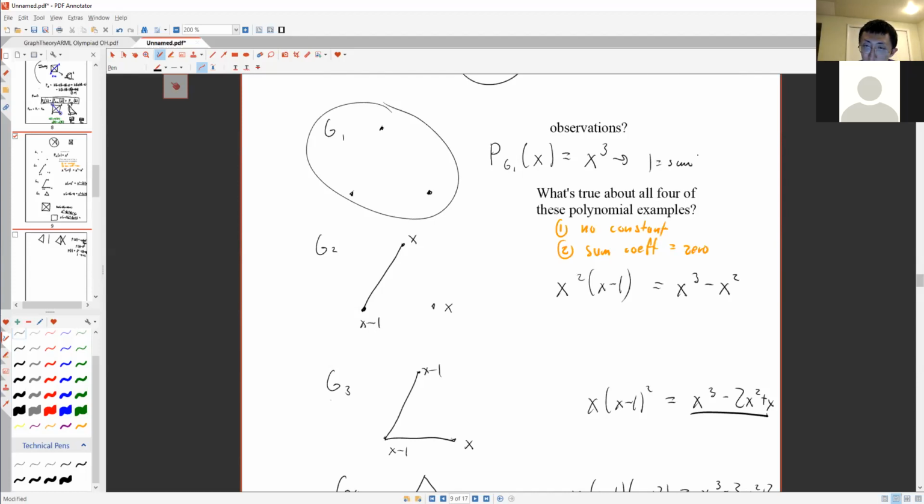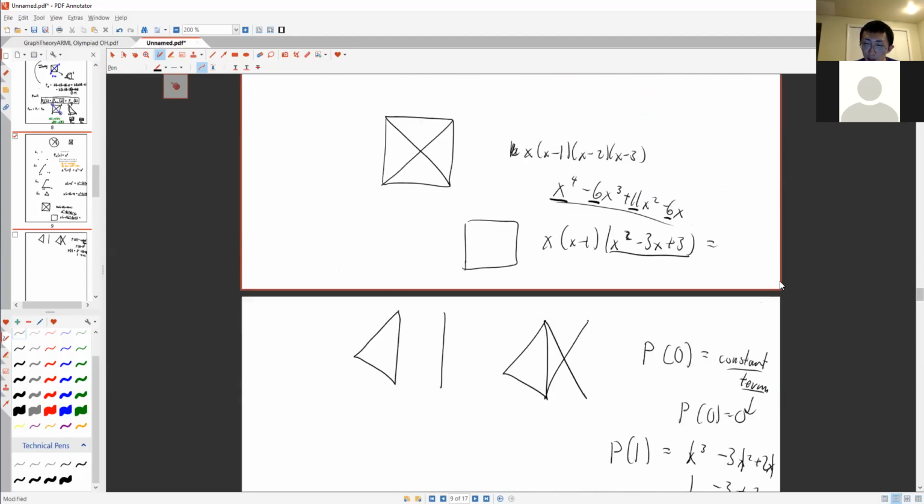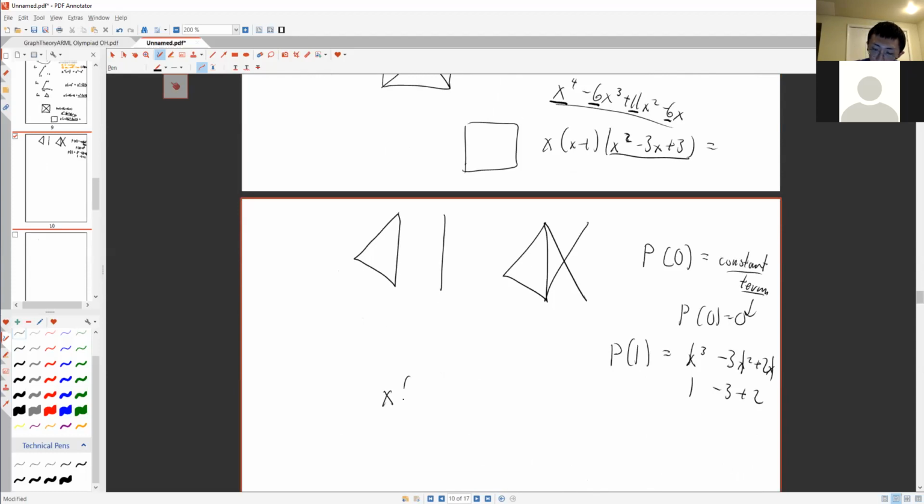So yeah, this only applies if the number of edges is at least 1, right? If you have 0 edges, then this doesn't apply. But if you have at least 1 edge, then the sum of the coefficients is 0, because you'll always have an x times an x minus 1 or something if you have just one connection.